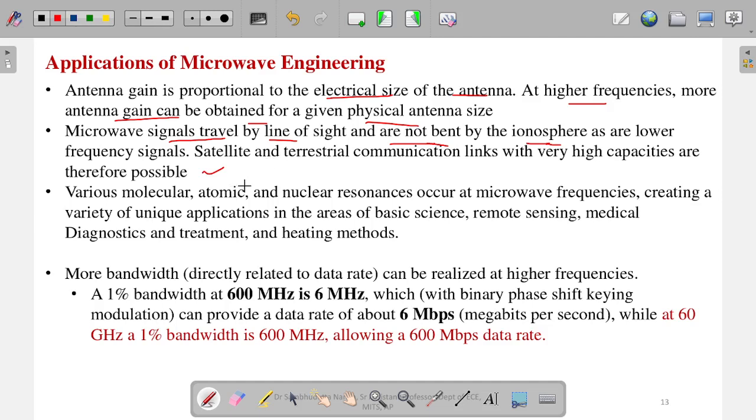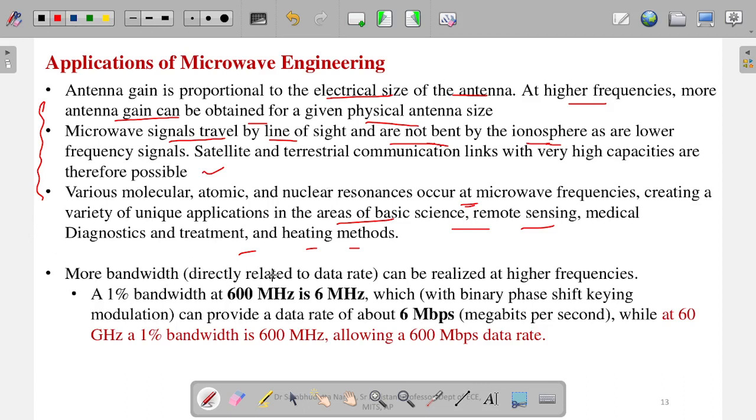Then various molecular, atomic and nuclear resonances occur at microwave frequencies, creating a variety of unique applications in areas such as basic science, remote sensing, medical diagnosis, treatment and heating methods. These are the reasons behind the use of microwave engineering.